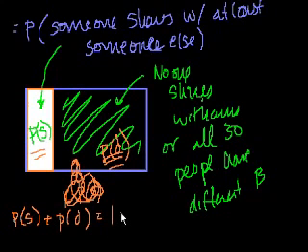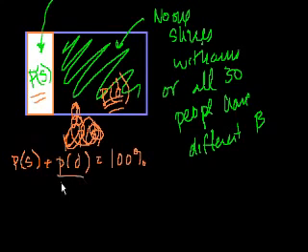Or you could say they're equal to 100%. Either way, 100% and 1 are the same number. So if we figure out the probability that everyone has a different birthday, we could subtract it from 100. So let's see, if we could just rewrite this.